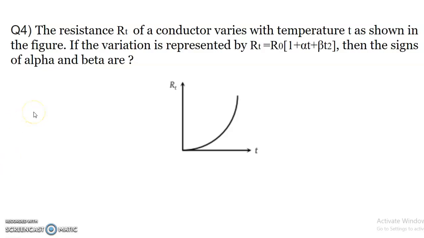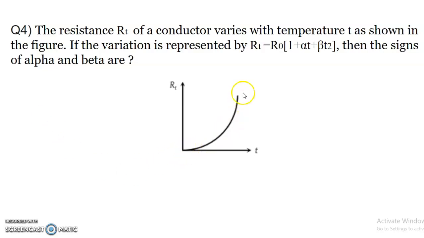The resistance RT of a conductor varies with temperature T as shown in the figure. If the variation is represented by RT is equal to R0 times 1 plus alpha T plus beta T squared, then the signs of alpha and beta are? Okay, so we have to simply find whether alpha and beta will be positive or negative.